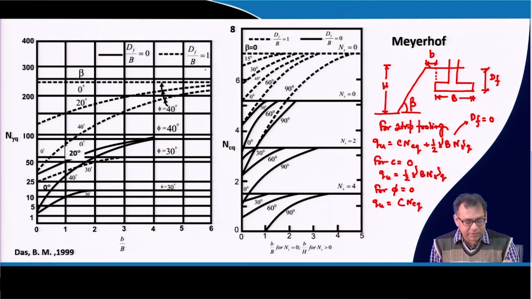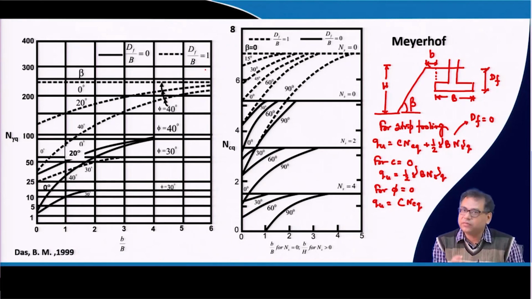You calculate the bearing capacity factors for D_f/B equal to 0 and D_f/B equal to 1, then linearly interpolate between those two cases. So you can use this expression if the foundation is resting at a depth also, but that depth is restricted up to the width of the foundation, that is, up to D_f/B equal to 1.